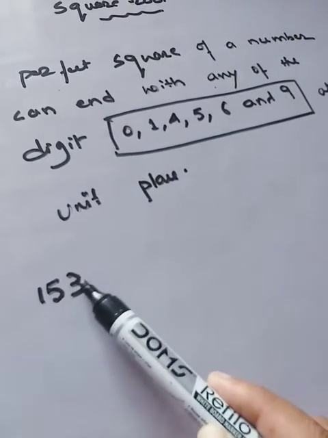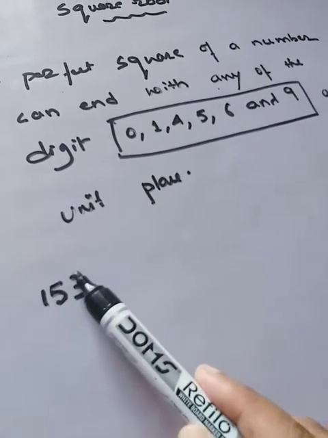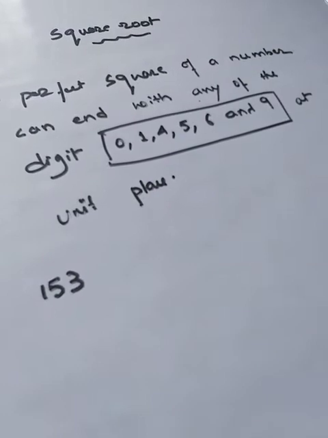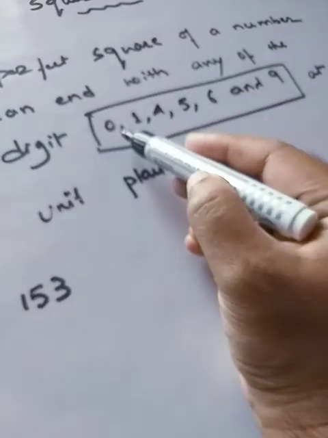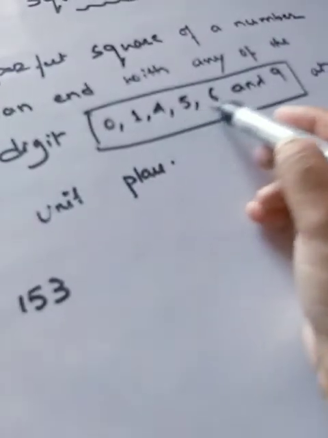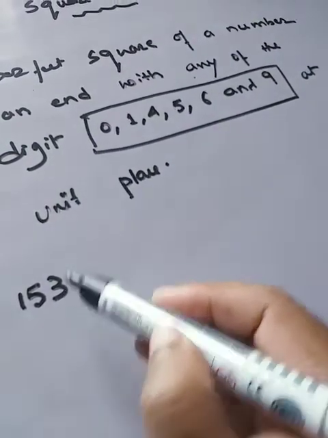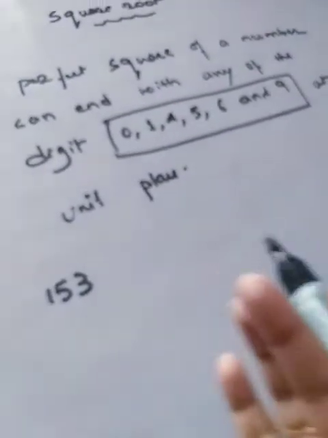So see the unit digit. It is 3, but 3 is not mentioned here. Any number which is not ending with these digits will not be a perfect square number.